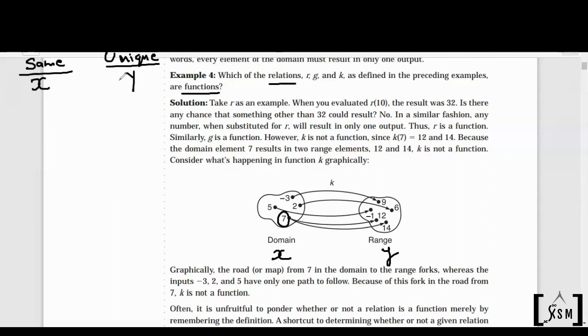Again repeating, same x should have a unique y. Because in the relation K, the same x value 7 is giving two different y's, that is why relation K is not a function. Hope that is clear.